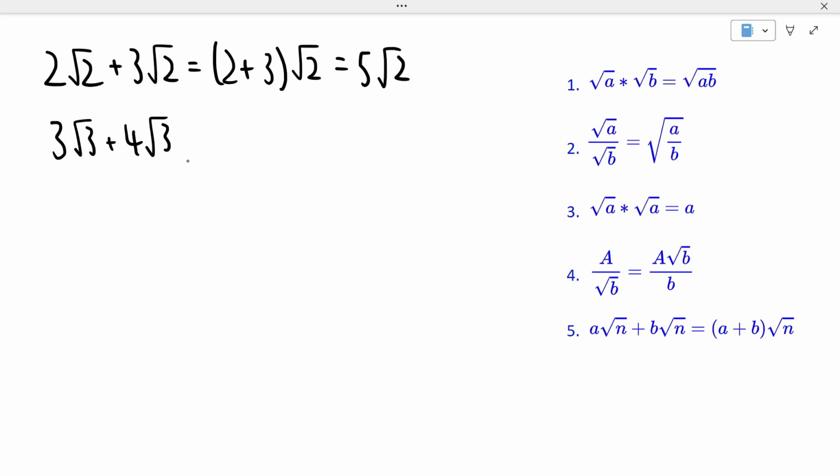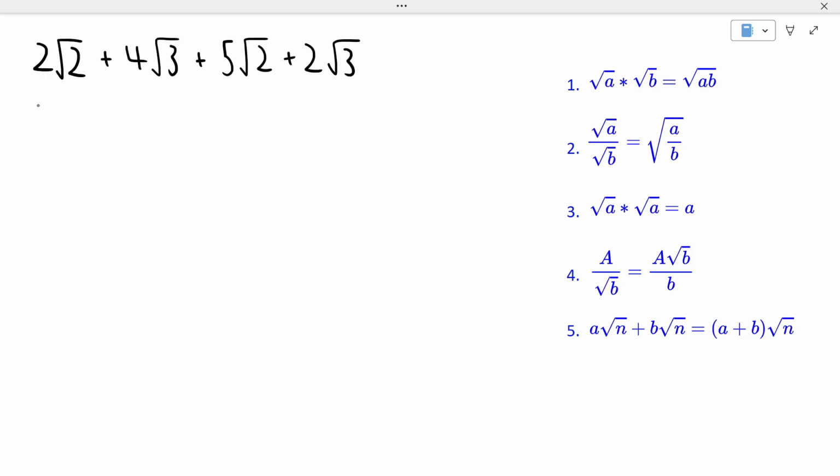We add up the coefficients 3 and 4, and 3 plus 4 is equal to 7, so the expression can be simplified as 7 square root of 3. On the other hand, if we have something like square root of 2 plus the square root of 3, we can't simplify this by combining like terms because square root of 2 and square root of 3 are different square roots and can't be combined in this way.